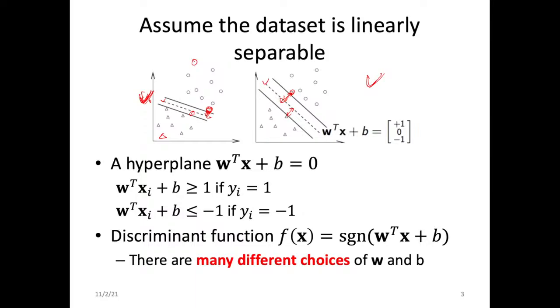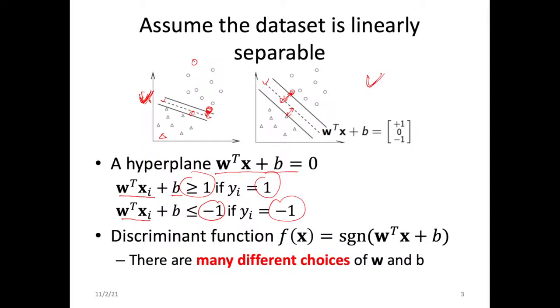Anyhow, if we define this hyperplane as W transpose X plus B equals 0, then for all the positive instances, we want W transpose Xi plus B to be larger or equal to 1, and W transpose Xi plus B to be less or equal to -1 for all the negative instances.